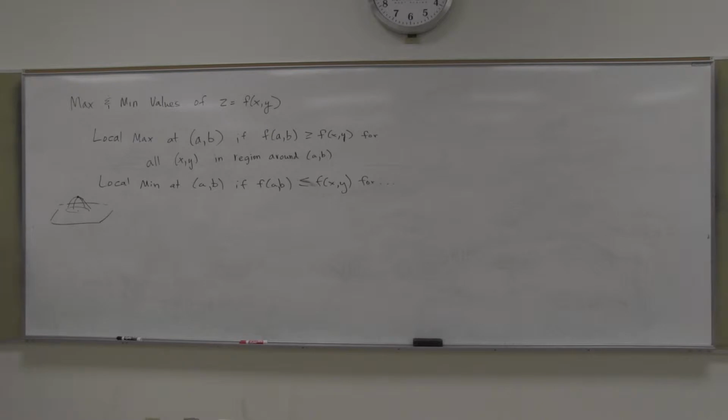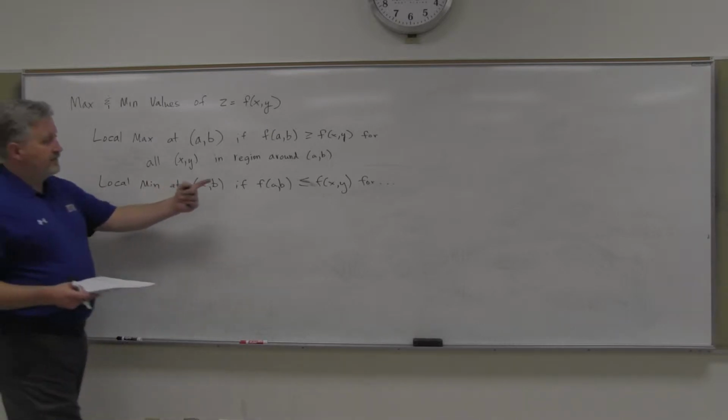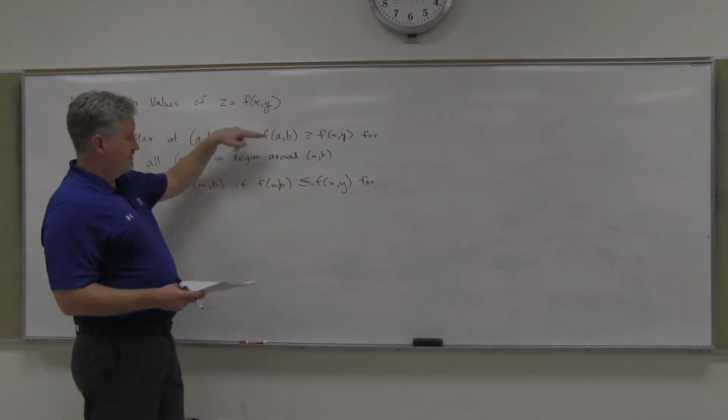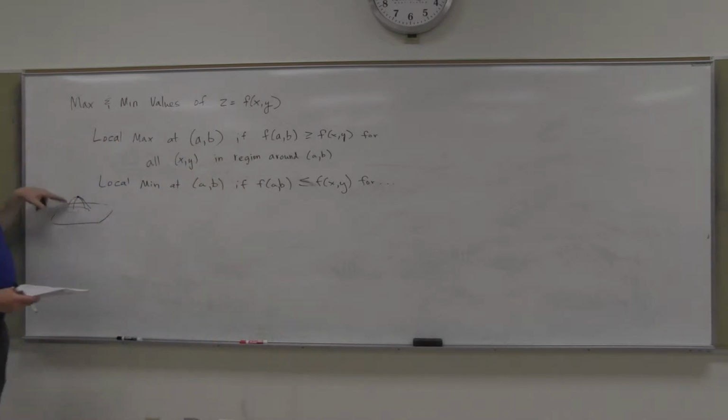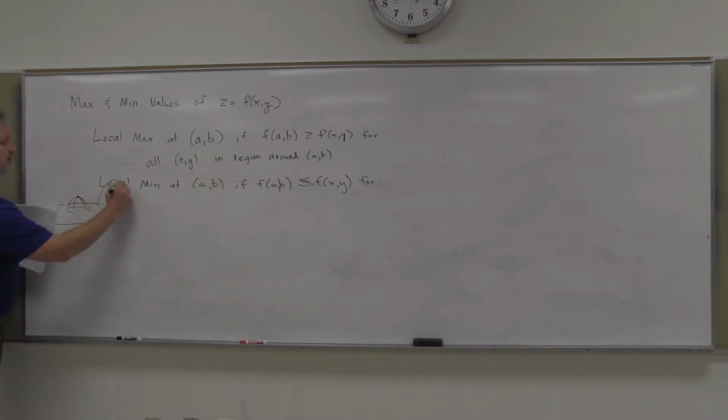Now that's not to say there's no other function values greater than that, it's just in a region around it. There may be another relative maximum out here that's got a larger z value, a higher point, but we're talking about that general vicinity.